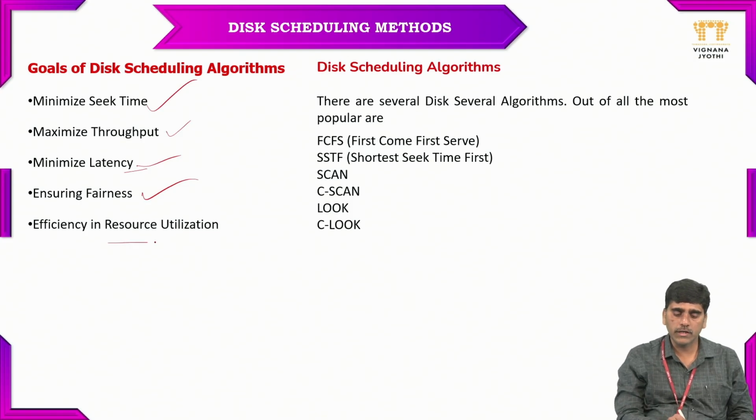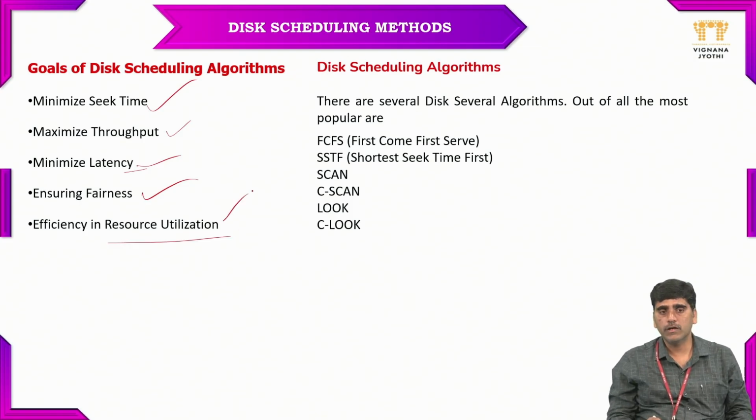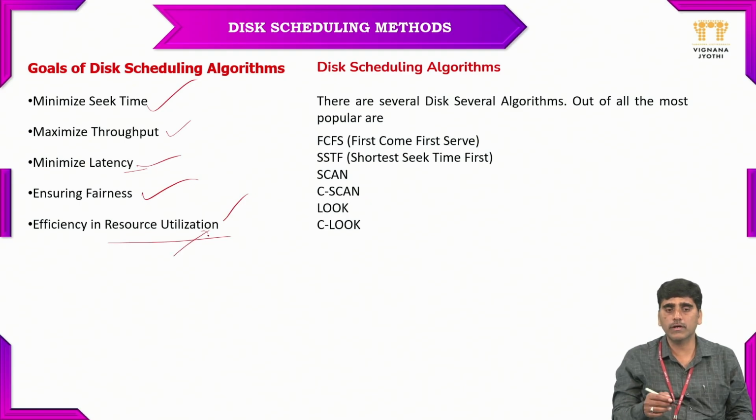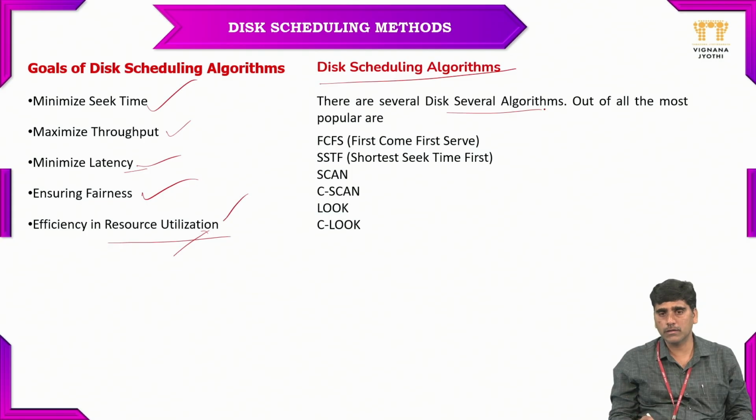And efficiency in resource utilization: depending upon the particular data, we have to utilize the particular disk data, disk formats, disk partitions. Otherwise we cannot use all the disk allocated memory, right? For this, there are several disk scheduling algorithms.